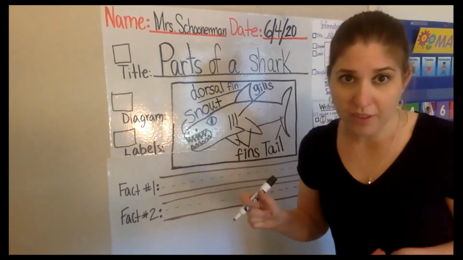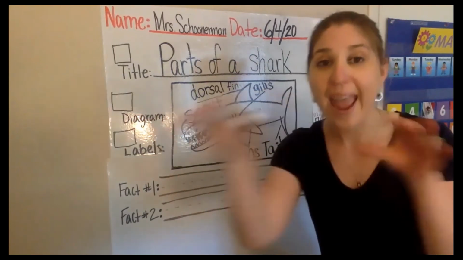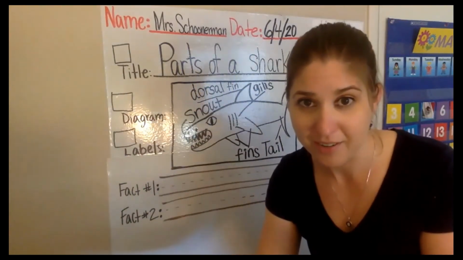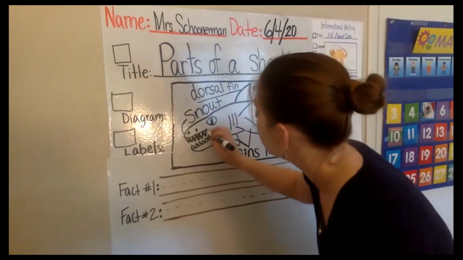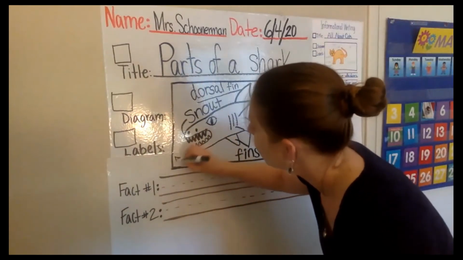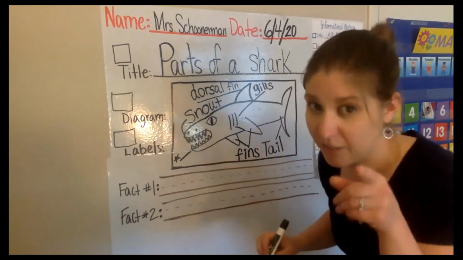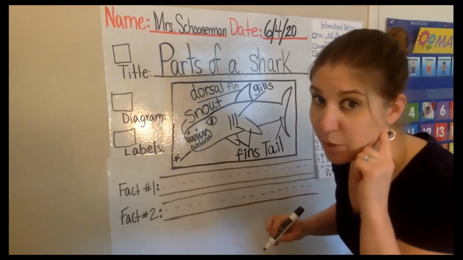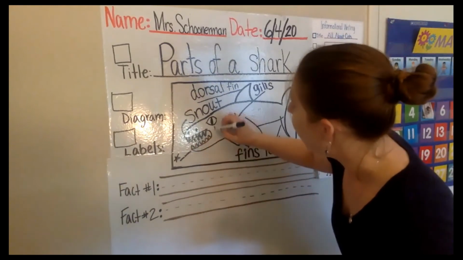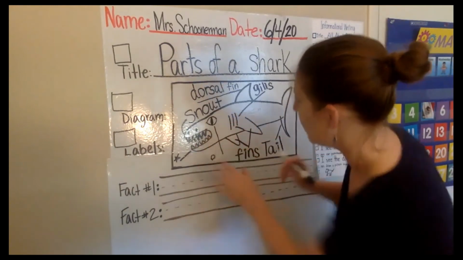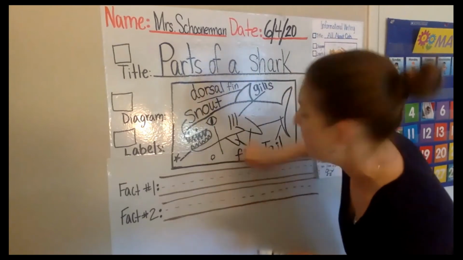All right, challenge time. I'm going to star the things that you're going to label after the video is done. So after the video is done, I challenge you. I want you to label the teeth. Use your letter sounds, see what you can hear. Do your best work. I want you to label eyes. Oop, I almost started labeling it.